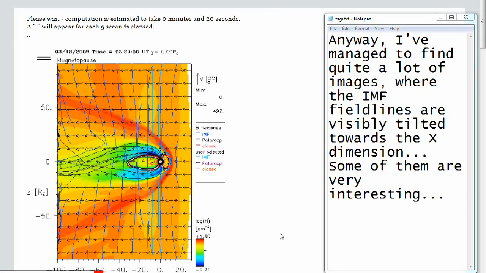Anyway, I've managed to find quite a lot of images where the IMF field lines are visibly tilted towards the X dimension. Some of them are very interesting.